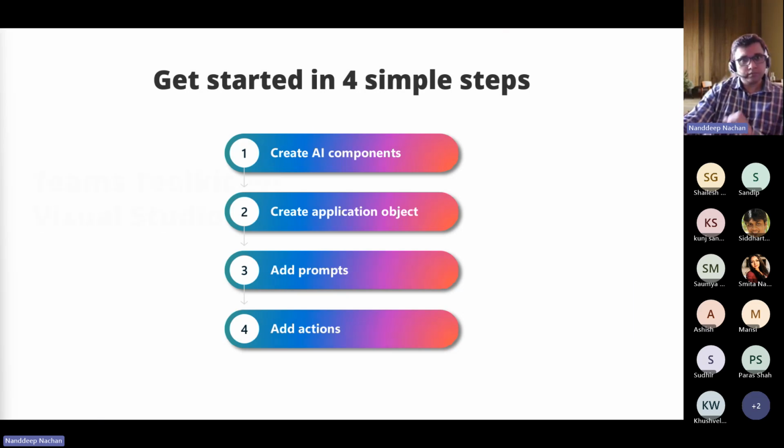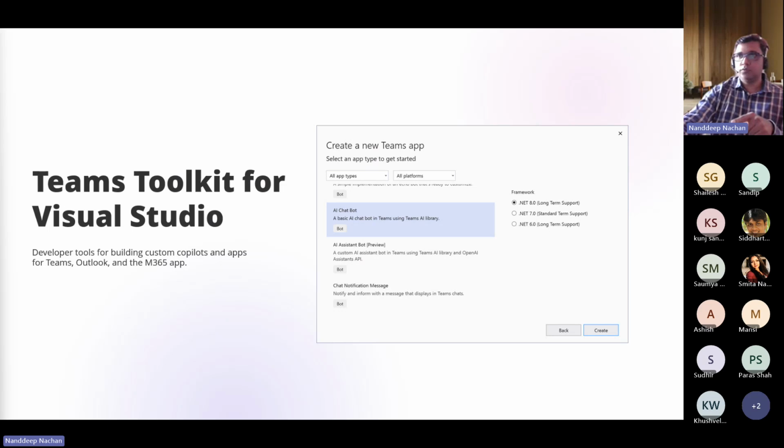All right, before we go into the demo, this is the Teams Toolkit that we are going to use, which makes it much simpler for us to get started. We can use this as a plugin or extension inside of Visual Studio, and it is available in Visual Studio Code as well. It is a simple set of templates and tools which makes building custom Copilots as well as apps for Teams across Microsoft 365 much easier.